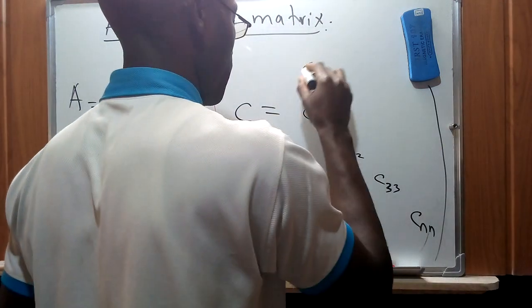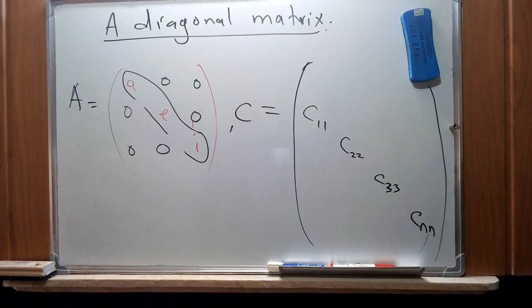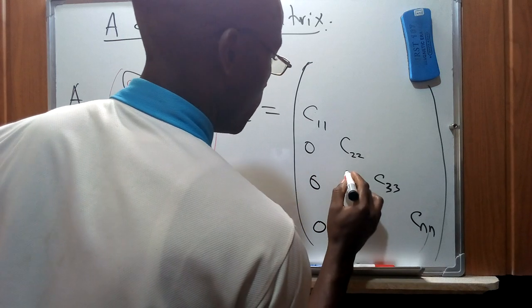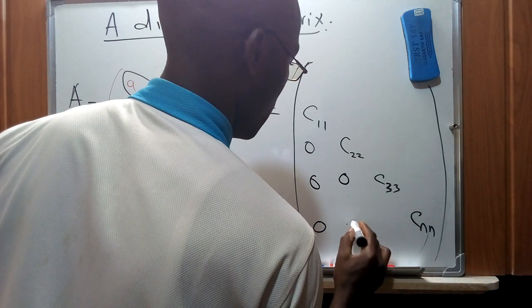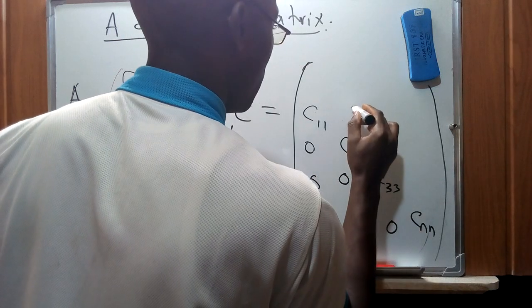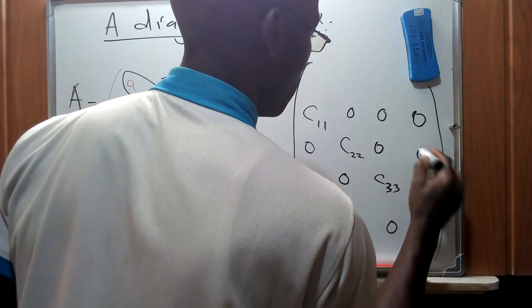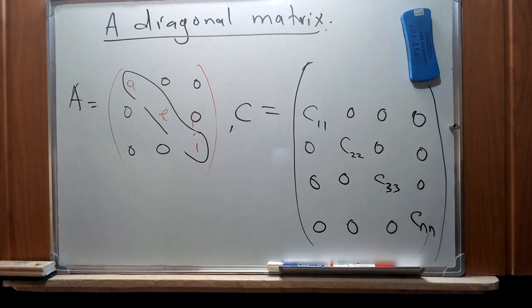Now that we have defined a square matrix in one of our videos, we can say that all these other characters are 0 except the main, the principal, or the leading diagonal. That basically defines what we call a diagonal matrix.